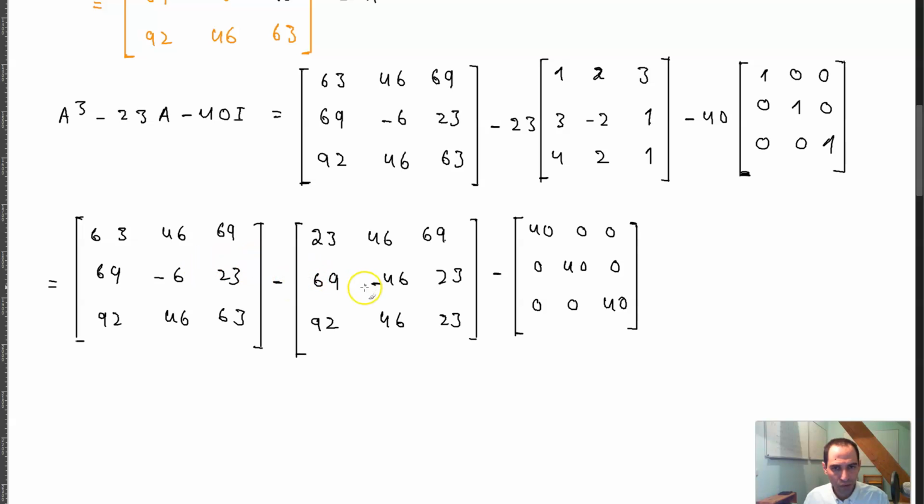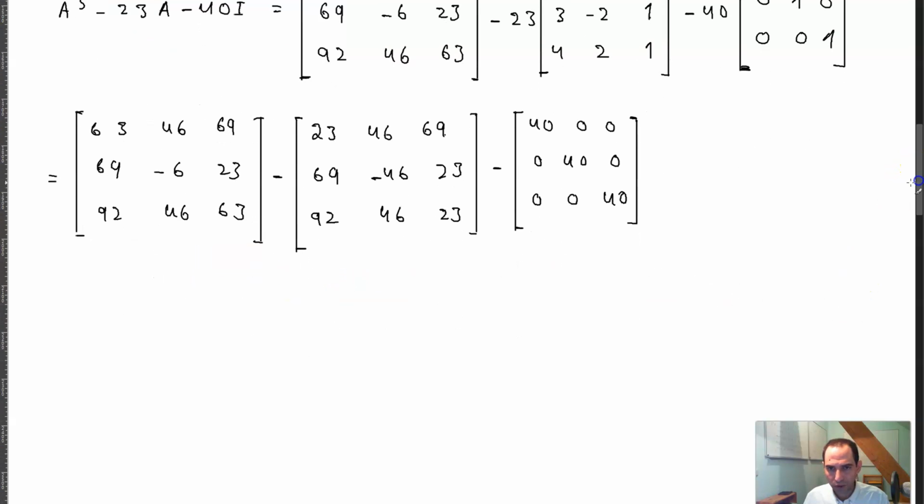Now, in order to do the subtraction, I need to add the opposite of these matrices, the algebraic opposite, the negative of these matrices, back to the rest of the lot.